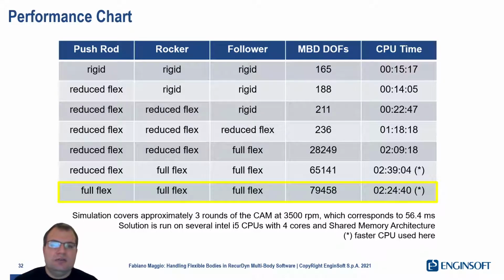And then you see that increasing again the number of degrees of freedom, third line, the time is almost double, and so on. Why isn't the response linear? It's very simple, because it's dynamics. Whenever you change the formulation of one of your bodies, the response of the system is going to change as well.